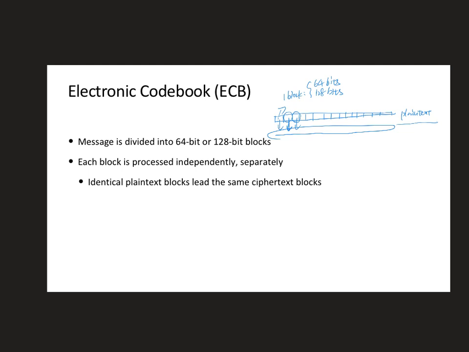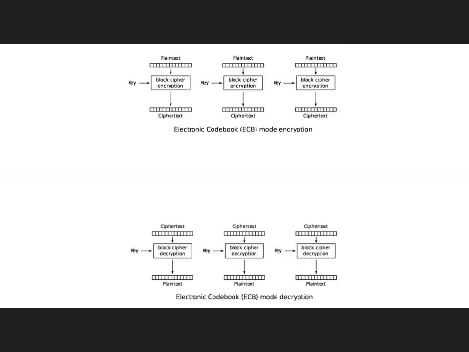But there is one problem. If we have identical content in block 2 and block 3, they will lead to the same ciphertext block. So this is one of the security issues. This is one example of how to do the encryption under the ECB.